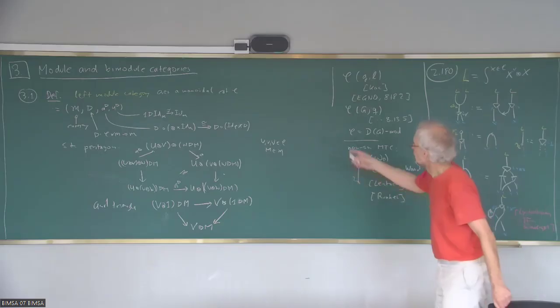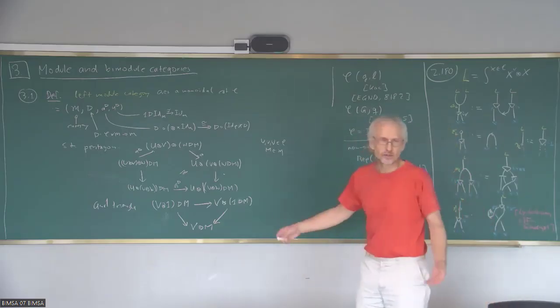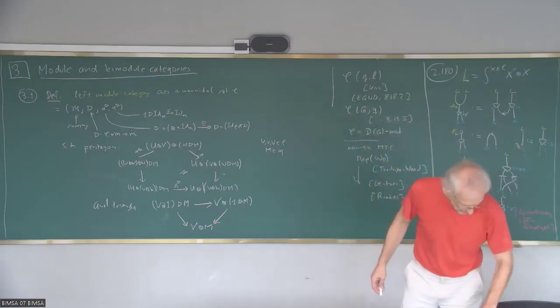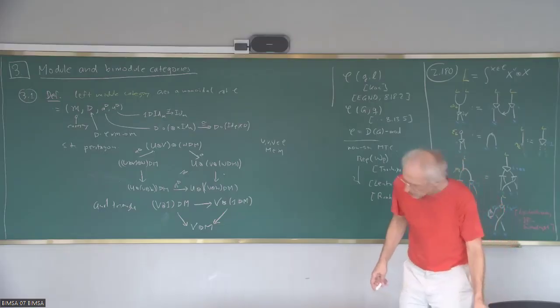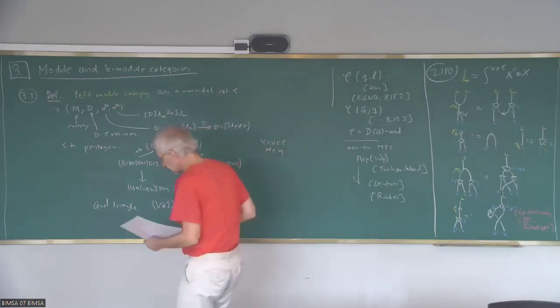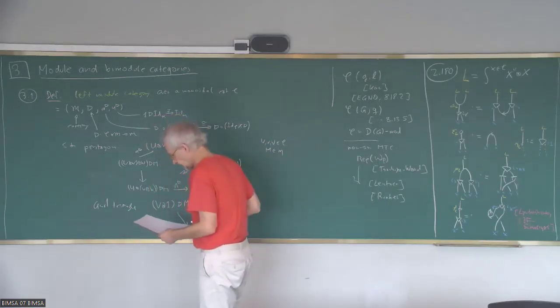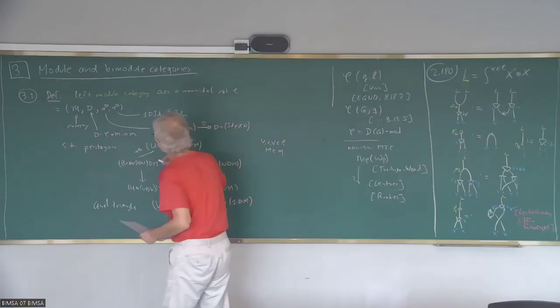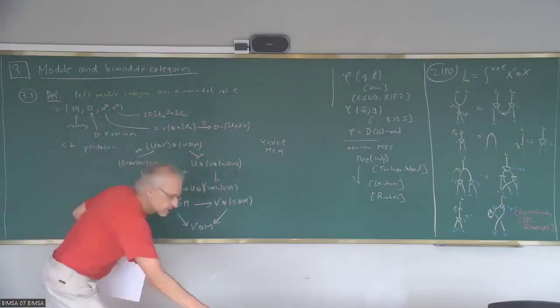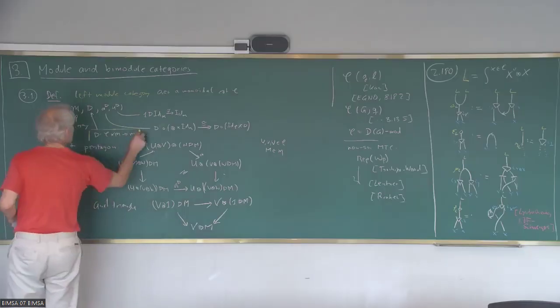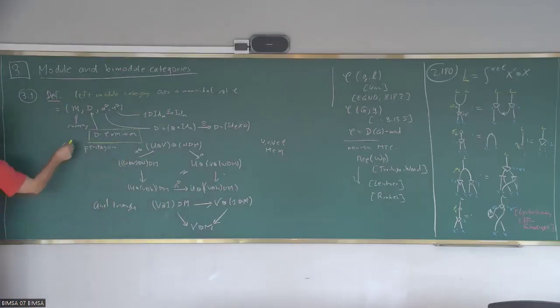And analogously, I don't write this down, you have a right module category. As I already said, this functor that we have here is often called the action functor, but the same name is also used for the functors where I fix either the first argument or the second.